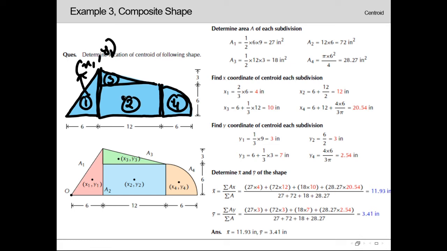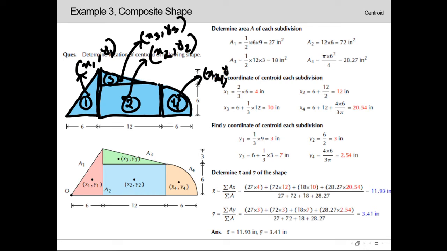Locating the centroid of segment 2, that means its coordinate x2 comma y2, for segment 3 x3 y3, and for segment 4 x4 y4. Then applying the formula of x bar, which is a1 x1 plus a2 x2 plus a3 x3 plus a4 x4 divided by a1 plus a2 plus a3 plus a4, and plugging in all those values, we will get the value of x bar.